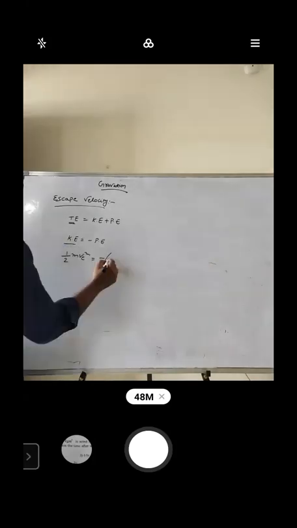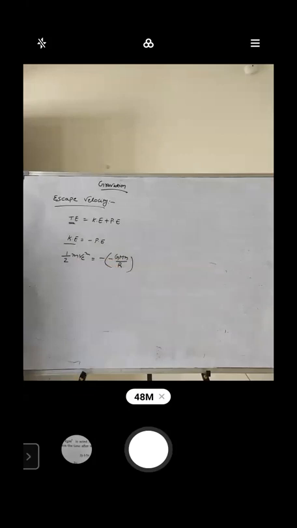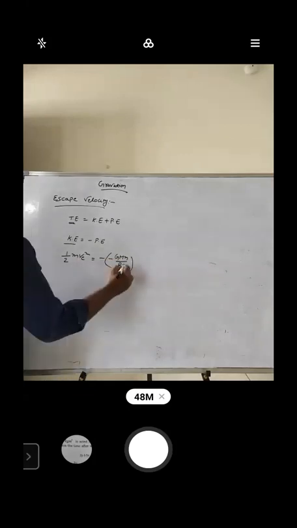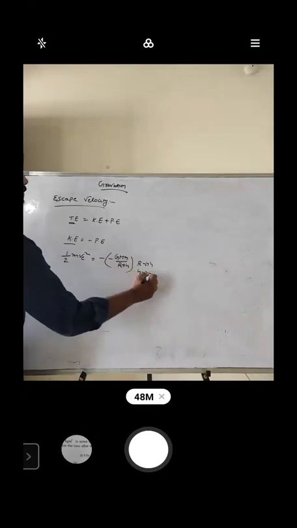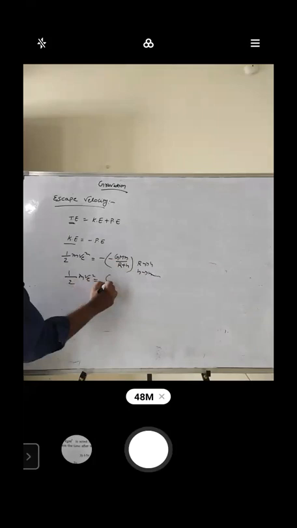What is the formula? Minus G capital M small m by R, you can write R plus H, but R is greater than H, so H is neglected. Minus into minus becomes plus. Half mv square equals G capital M small m by R. The small m gets cancelled.